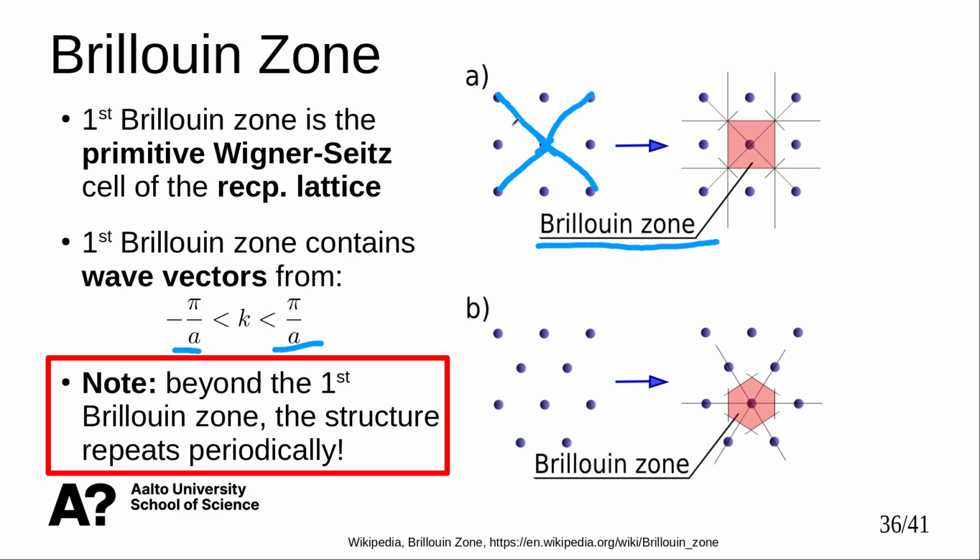And then that distance we halve, like this one, and then we draw the area covering that, and then we end up with that bright red area for our Brillouin zone for the first one, and then the second one would expand that, and so on and so forth. And for a hexagonal lattice we do exactly the same, but then it becomes not a square, it becomes a 6-corner, a hexagon.